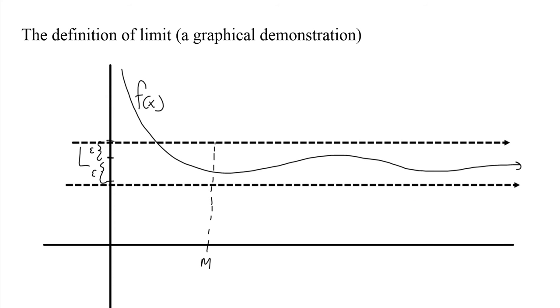But we can say that if the limit actually exists, then for any epsilon that you pick, there has to be some M such that for any value on the right side of that value M, the function is going to stay between those two horizontal lines epsilon units away from that limit. And the same can be said for the negative version as well, but we won't do that one.